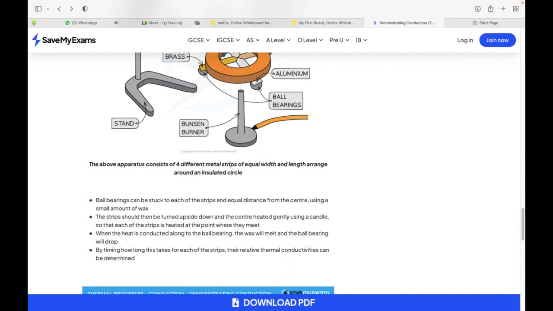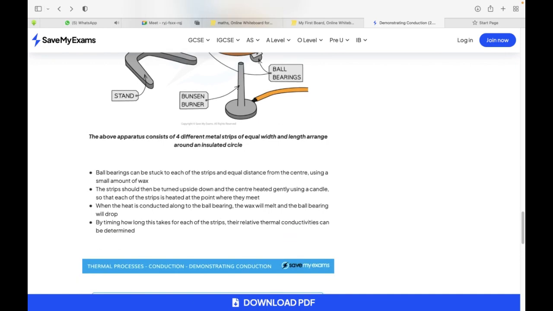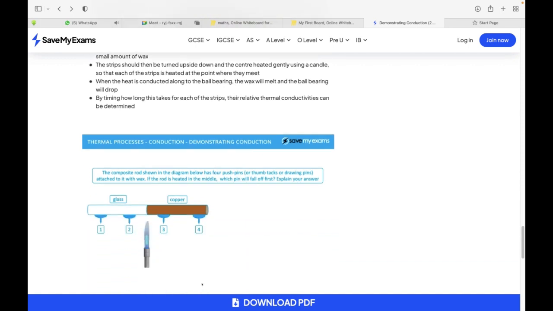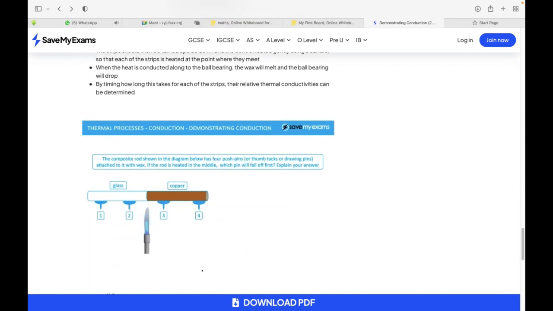At the end of the day, once we know their times, we'll be able to determine which one conducts the highest among the metals. Is that okay?